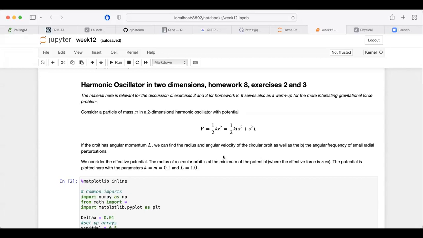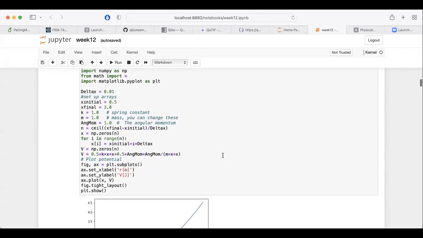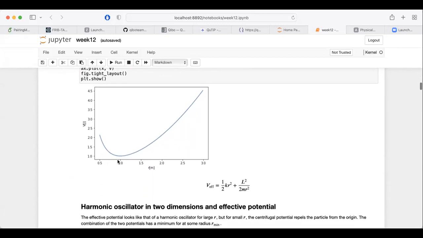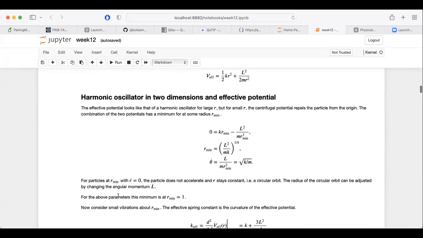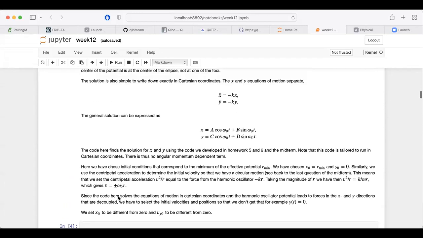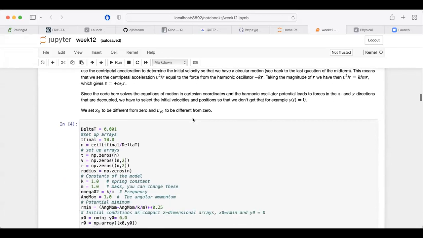Now, in the Jupyter notebook or in the lecture slides, what you find first is a plot of the harmonic oscillator potential. And we are going to place ourselves at the minimum, and that allows you to find the minimum radius. When you write the code here, there is first a code which runs everything in Cartesian coordinates. And this is the standard harmonic oscillator equations.